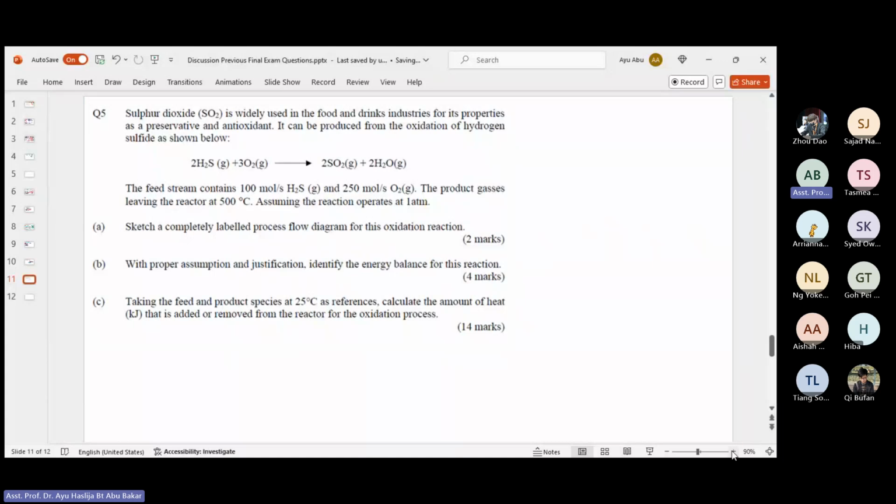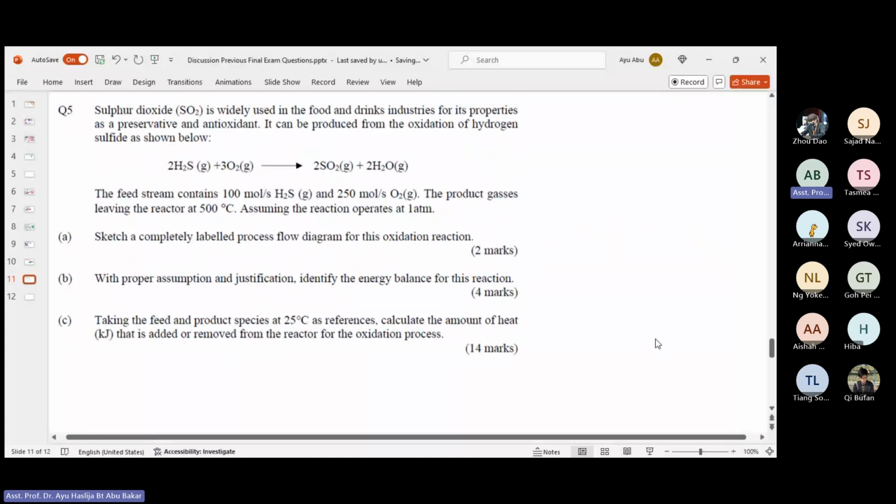So question 5 mentions that sulfur dioxide is widely used in the food and drinks industry for its properties as preservative and antioxidant. It can be produced from the oxidation of hydrogen sulfide as shown below. So this is the reactive process. The feed stream contains 100 mole per second of H2S and 250 moles per second of O2.